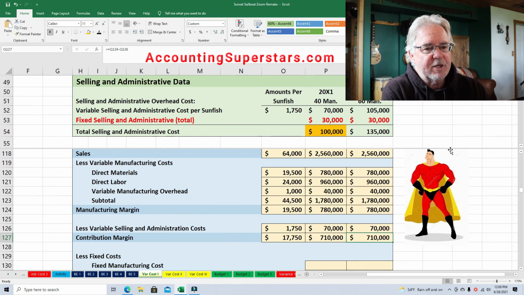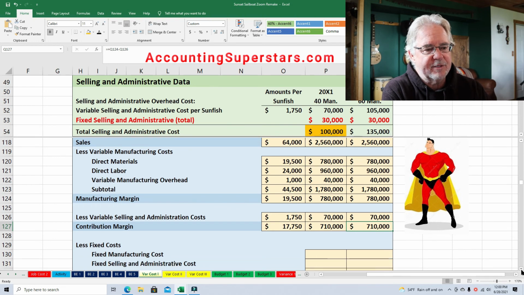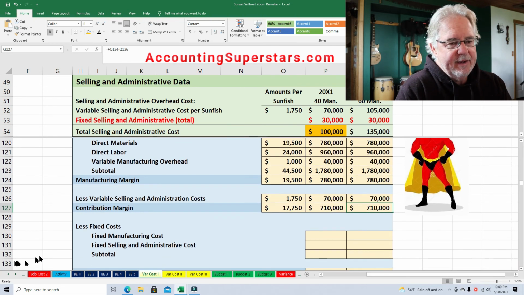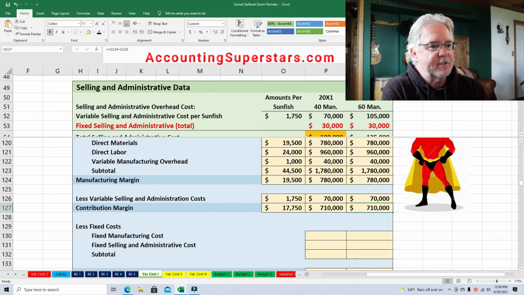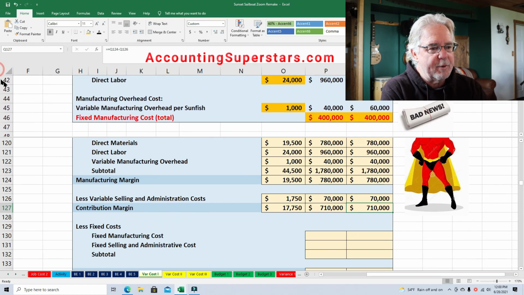Now we come down to the fixed costs. And with the fixed costs, we are just going to expense these costs. We don't care if boats were placed into ending inventory. We don't care one bit. So the fixed manufacturing cost, let's grab those numbers. Here they are, the troublemakers. Fixed manufacturing cost, $400,000 for each year.